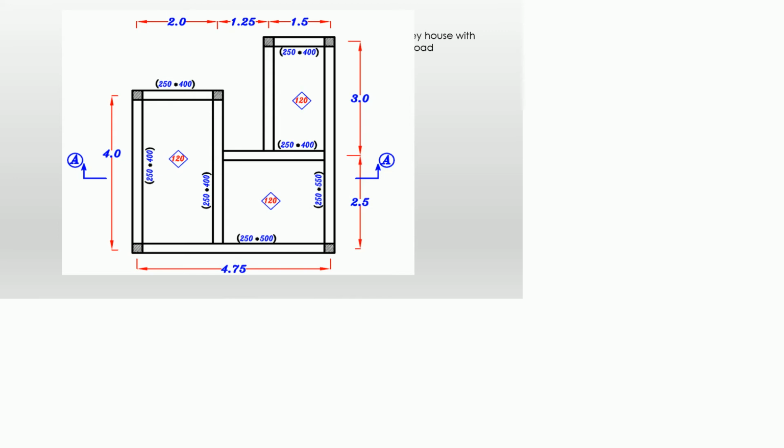In the vertical direction, we have one, two, three, four, and A, B, C, D. Then you have the distances. So this is 0, this is 200, this is 200, how much is the distance?